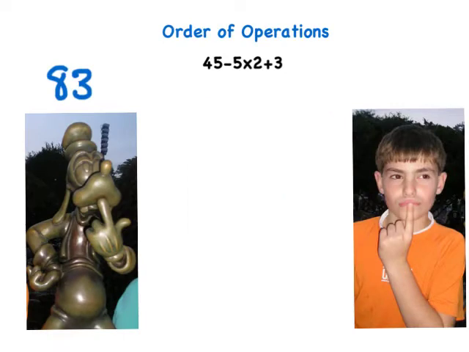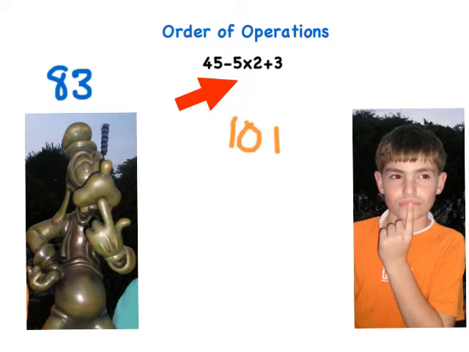Well, we have somebody else with another thought on this expression. This is my handsome son, David. And he says, well, let's take a look at this, and I think we're going to multiply first. And he's going to take the two numbers that are touching the multiplication symbol right here. He's going to take the 5 times 2 and get 10.